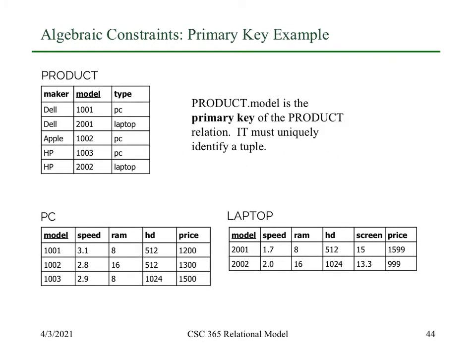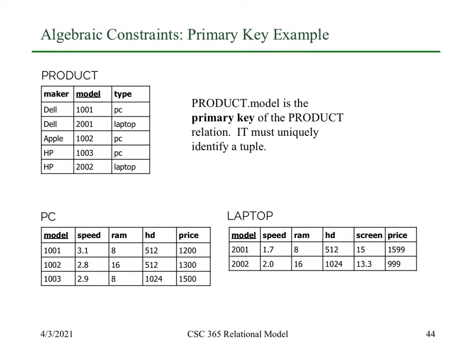Circling back a bit, on this slide I want to emphasize that the primary key is typically a semantic thing, in any instantiation of the relational model, in any relational database, that reflects the semantics of the organization.